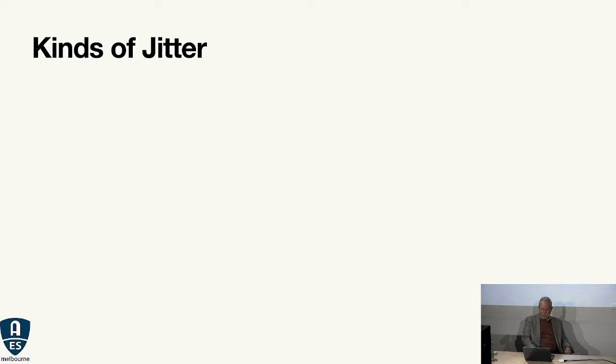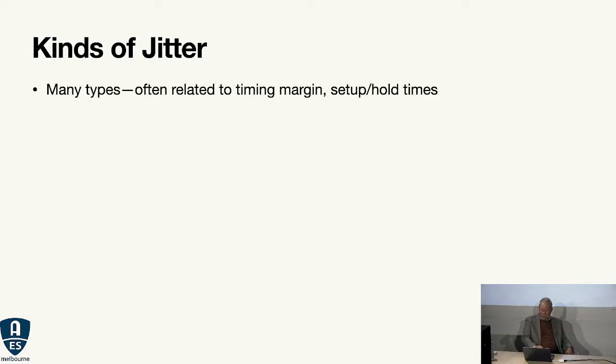So given that jitter, the effect of that jitter, what are the different kinds of jitter? Jitter is a bit like the joke of standards. You know, standards are great because there are so many of them to choose from. So this is also true with jitter. There are lots of different kinds of jitter.